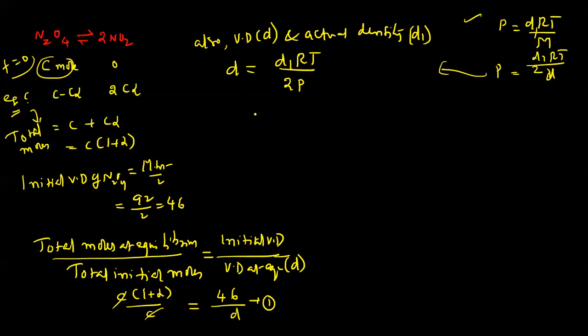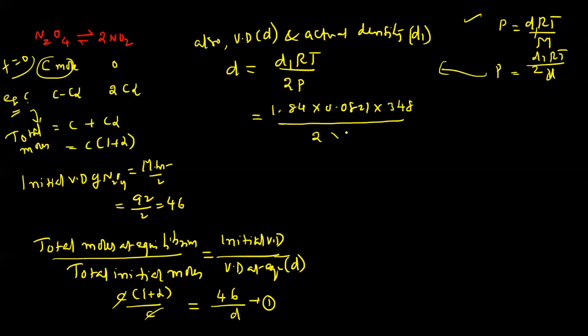In this, we have the D1 value, the actual density value given in the question, which is 1.84. R value we know is 0.0821. And temperature given in the question is 75 degrees, which in Kelvin is 348, divided by the pressure given in the question, which is 1 atmosphere only.